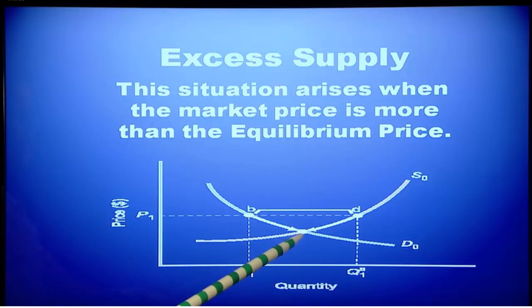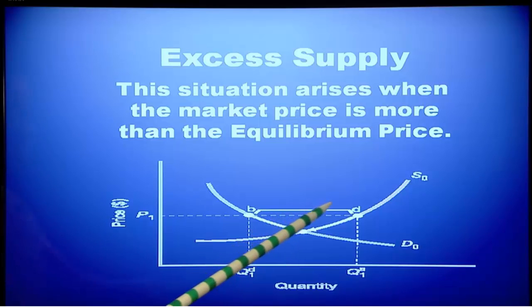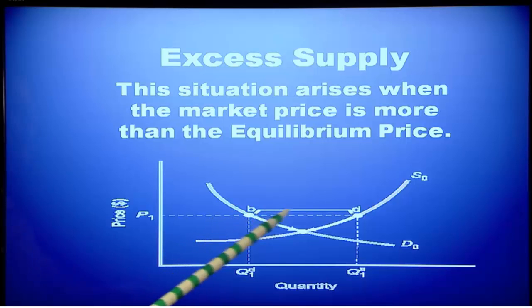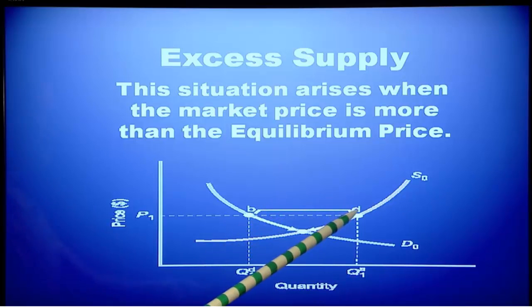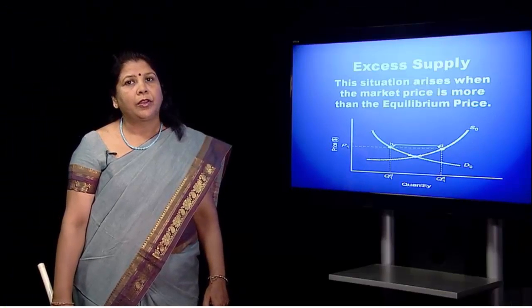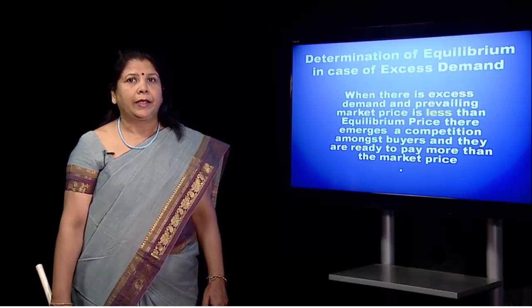Here we can see that this is the equilibrium price. However, the market price is much higher. At this higher price, quantity demanded is QD1, quantity supplied is QS1. The difference, which is QS1 minus QD1, is excess supply. See, supply is more than demand. So, this is a situation of excess supply.